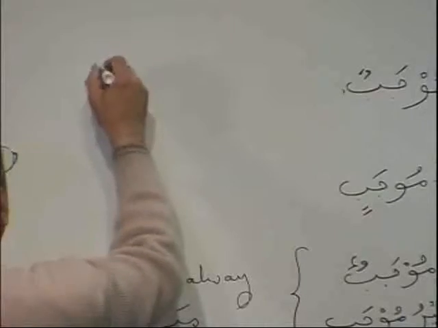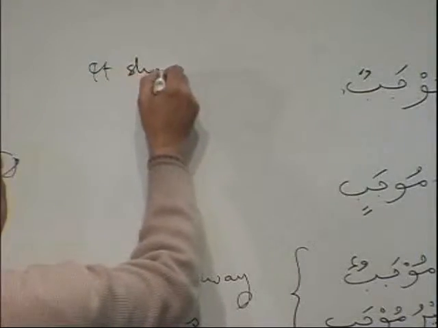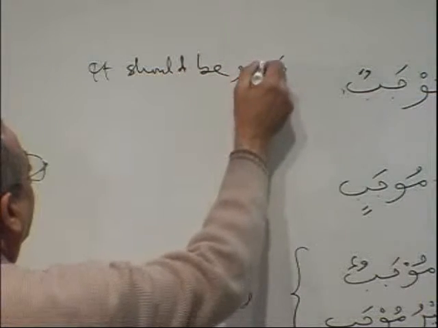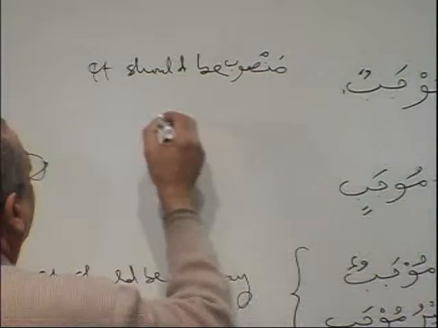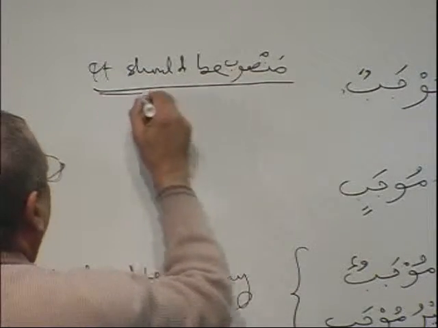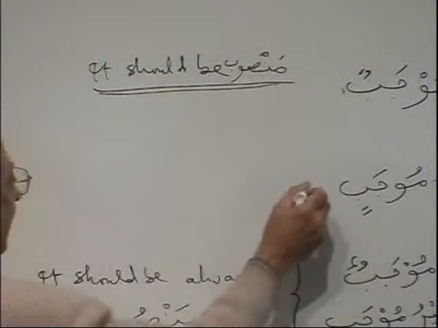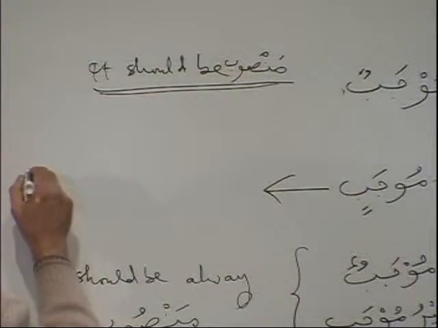If the sentence is mujabun, the mustasna is mansub. Are you with me, brothers and sisters? So I'll write down here, it should be mansub. Are you with me? Okay, and here I will write down again, brothers and sisters.